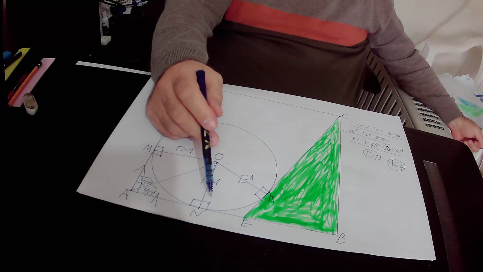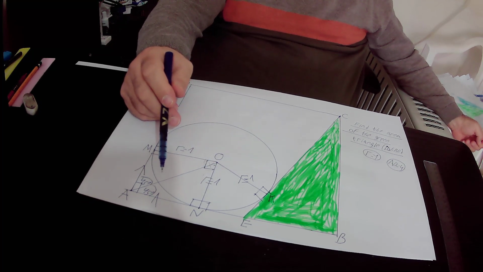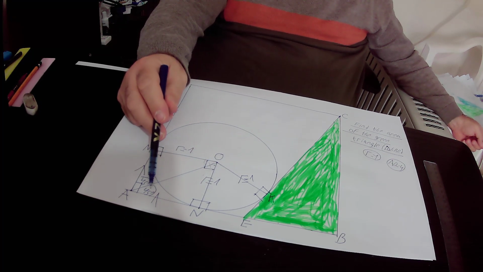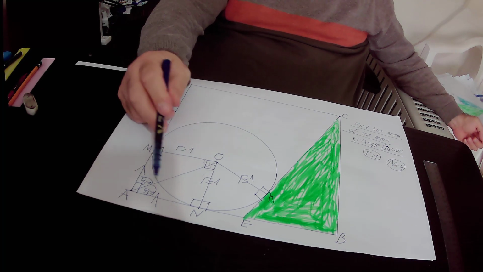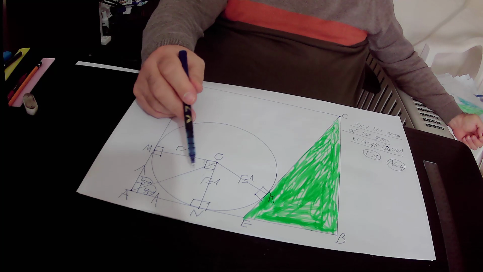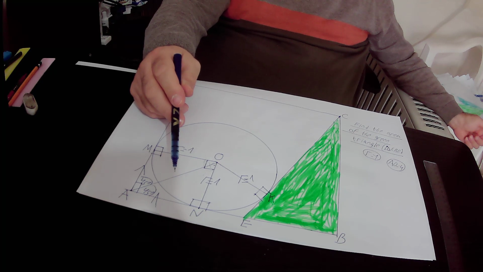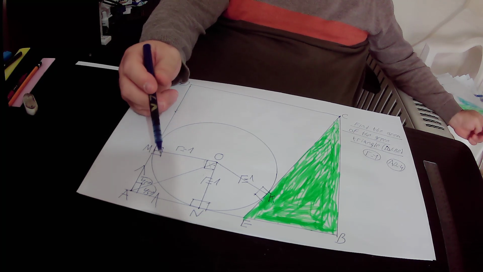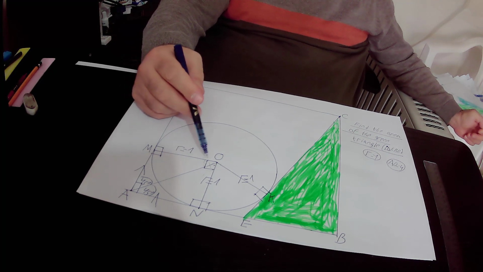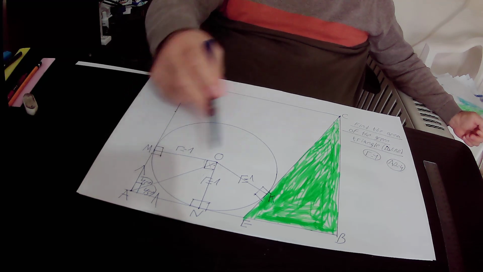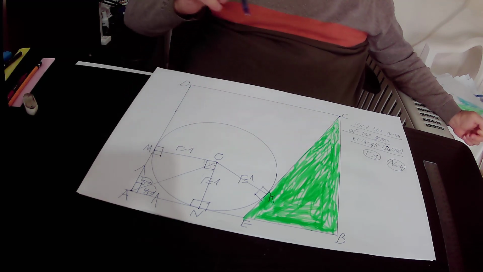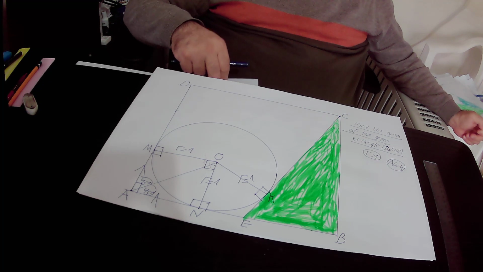The angle will still remain 45 degrees. So we can write down that angle OAB equals 45 degrees according to rule number 6.